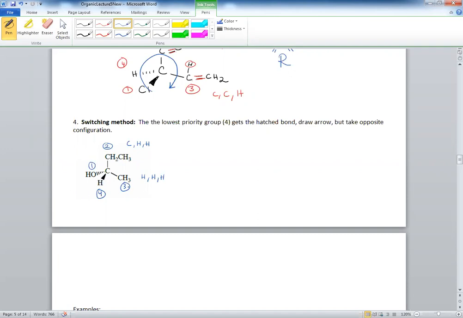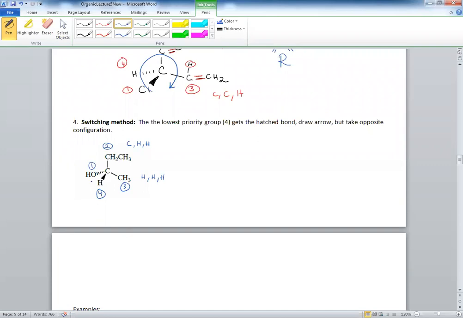Our eyes are really right here, and what we see in front of us is the H, the CH2, CH3, the ethyl, and of course the methyl. The OH is in the back. So if we draw it this way, we're drawing it actually in reverse to what's in the back. Think about it. I will show you models when we meet.